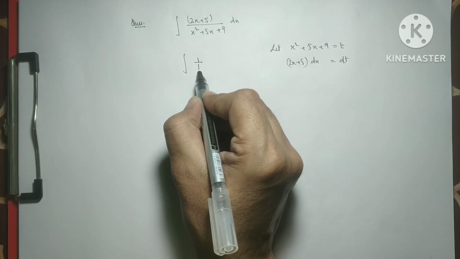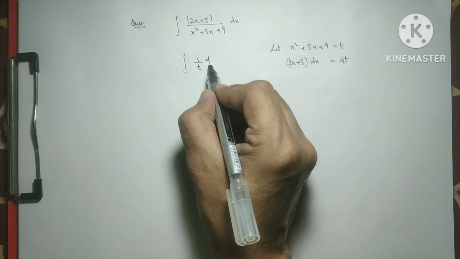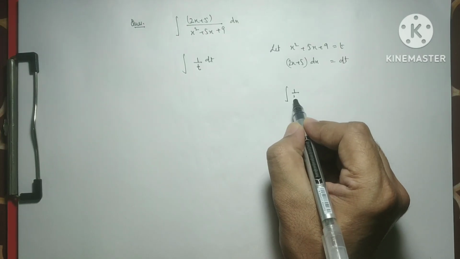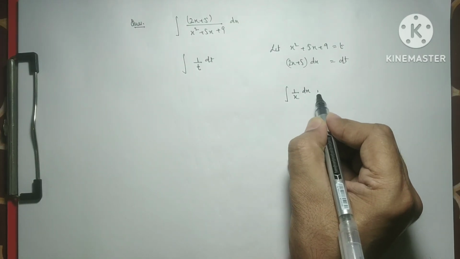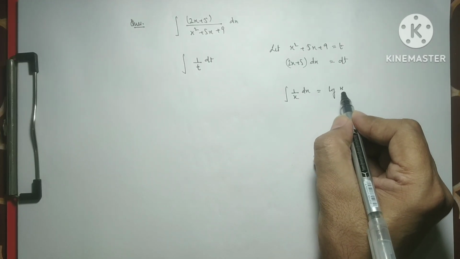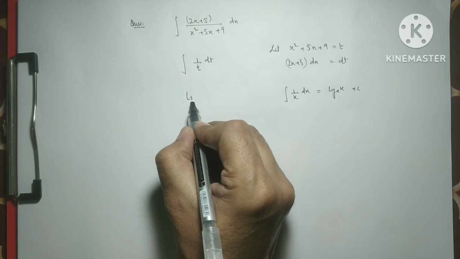So the final modification is 1 by t dt. According to the standard formula of integration, 1 over x dx is log x. It means the result will be log t.